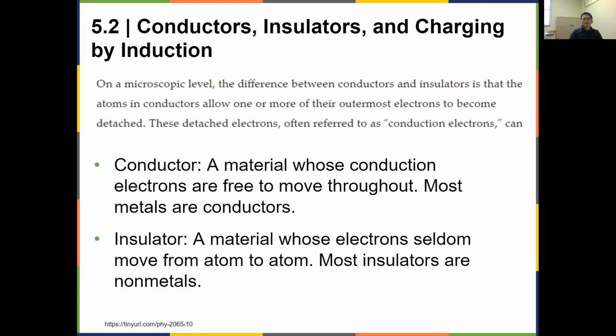In an insulator, the electrons seldom move from atom to atom. That means they are bound to the nucleus strongly, so they are not easy to hop from one atom to another. Most metals are conductors, and non-metals are mostly insulators.